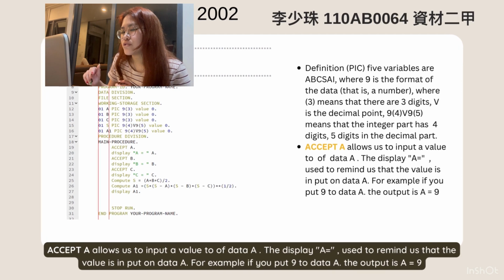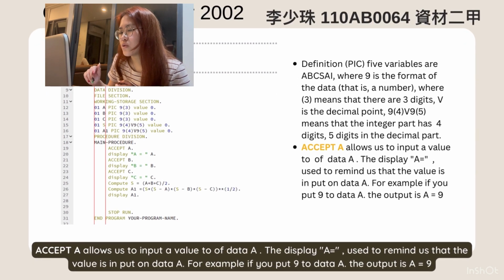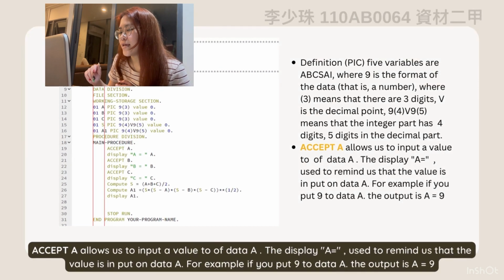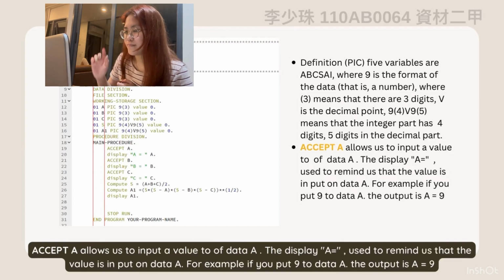ACCEPT A allows us to input a value for data A. The DISPLAY "A =" is used to remind us that the value is input on the data A. For example, if you put 9 to data A, the output is A = 9.